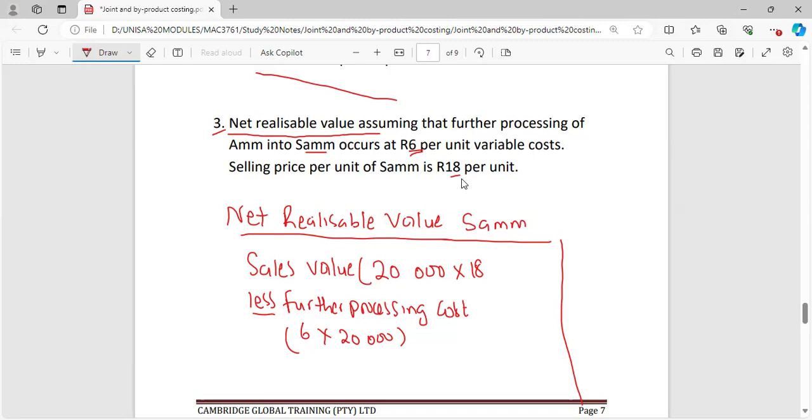Yes. 360,000 is the sales value minus the further processing cost. It's 6 times 20,000, 120,000.